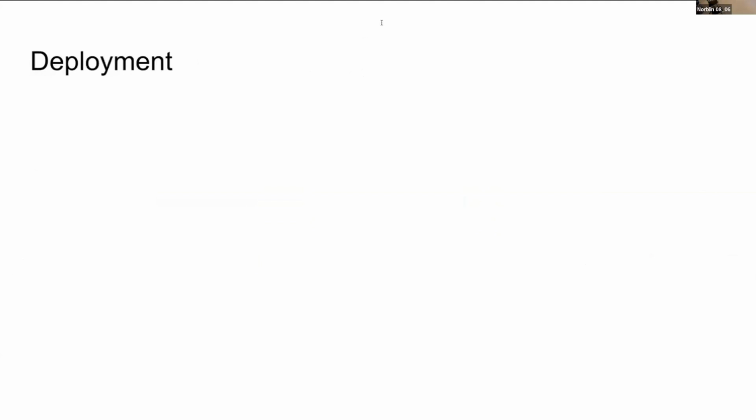Okay, so now we have an index which is populated periodically. How can we deploy it? Well, FAISS is written in C++ and has a C API. This means that we can use any language that has a foreign function interface. For example, if you come from a JVM background like me, we could use JNI or Panama to call FAISS.